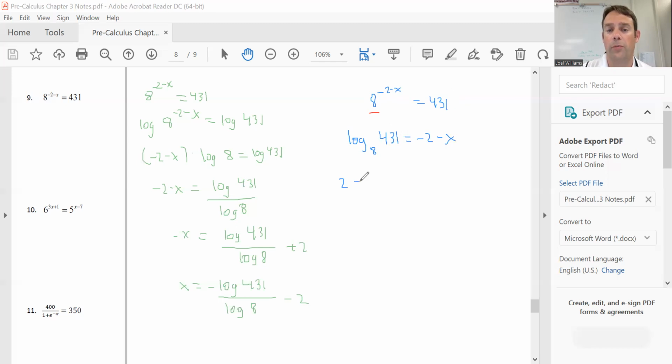So we have 2 plus log base 8 of 431 equals negative x, and then divide both sides by negative 1. And again, friends, it's whatever makes the most sense to you. As long as it makes sense to you, go for it.